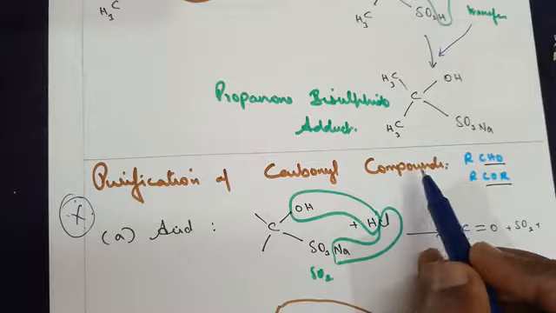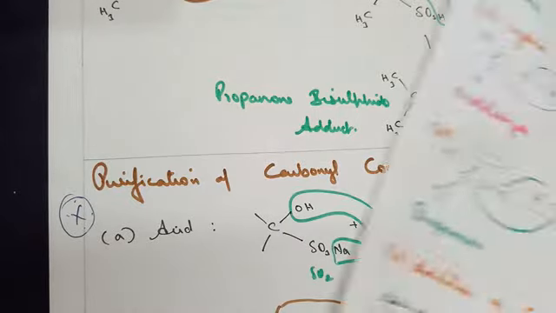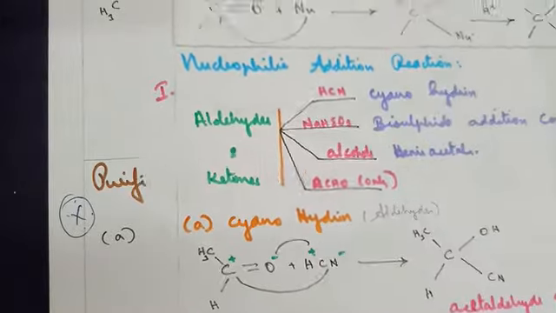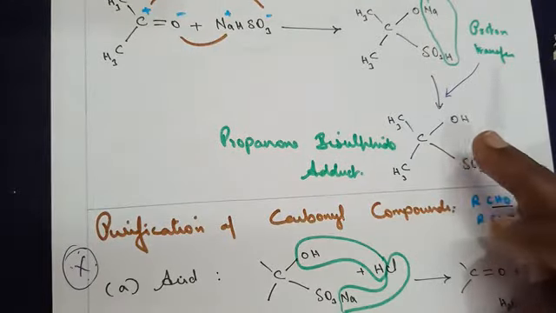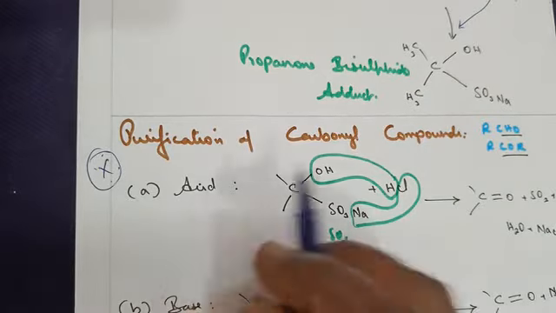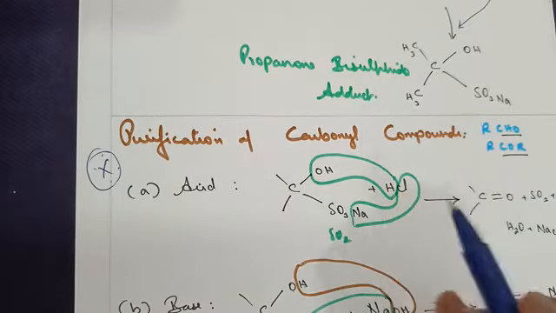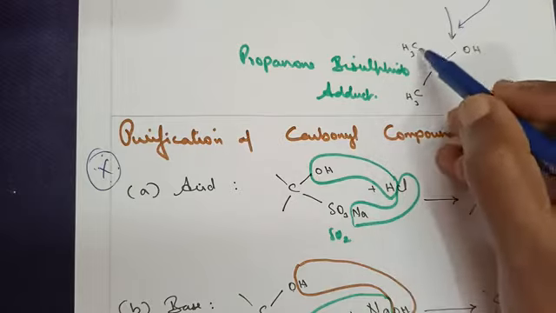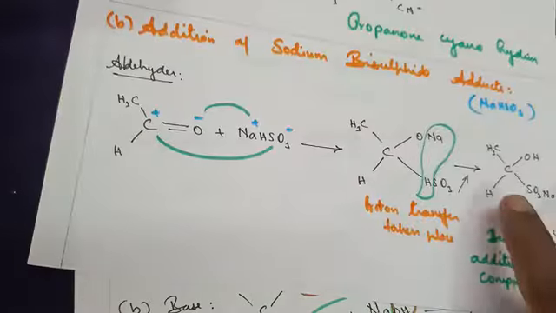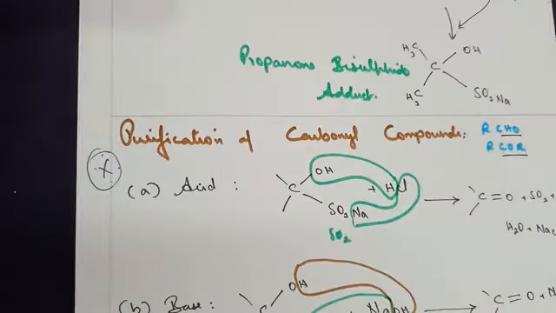Purification of carbonyl compound, which is suitable when you treat an aldehyde or ketone with sodium bisulfite. You get the formation of an adduct here. That particular compound, when you treat it with HCl, you know that OH... Whether it is a ketone group or an aldehyde group, that's not the problem.